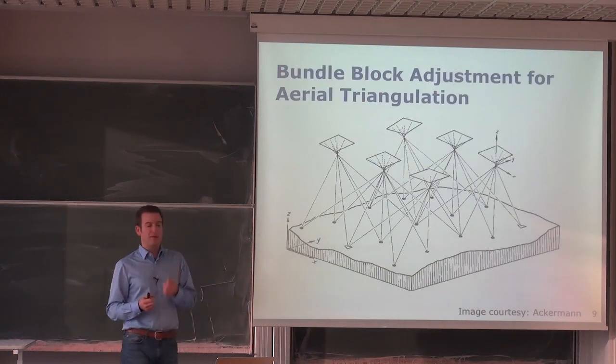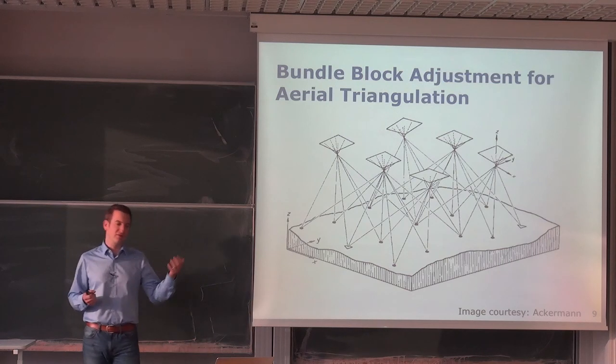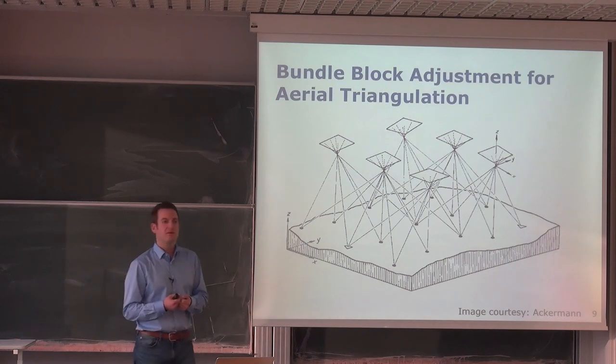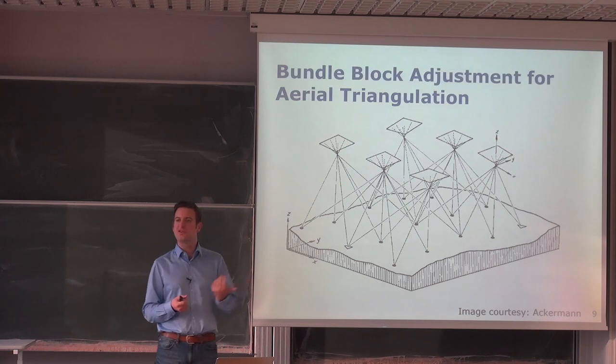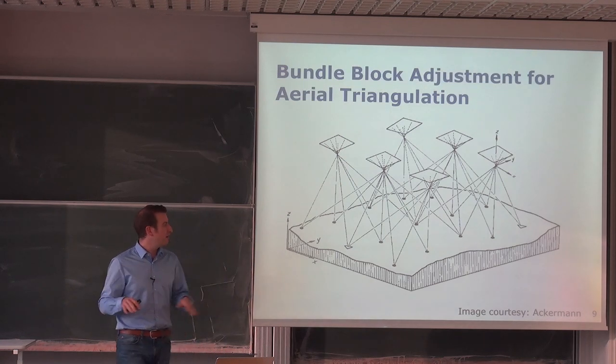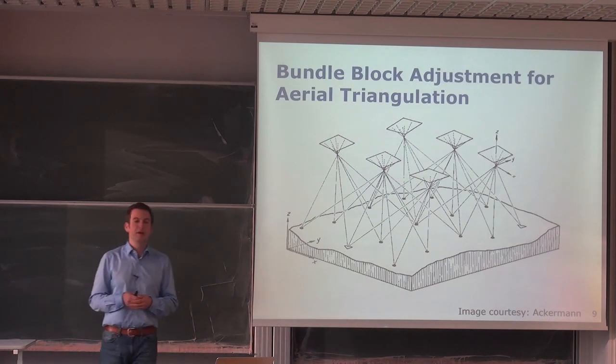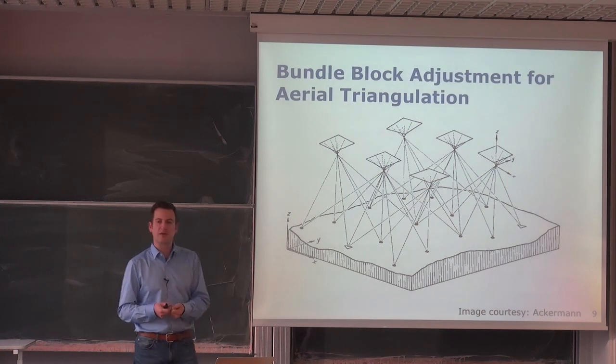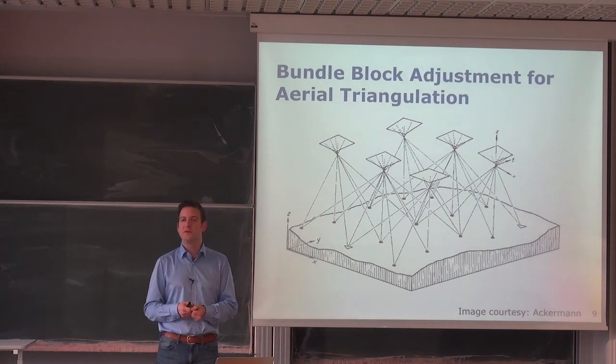So the problem that we are addressing, or where bundle adjustment came from, was we have a number of images, and originally these were images taken from an airplane of the surface of the Earth, and the task is to estimate a geometric model of what is observed in the images.